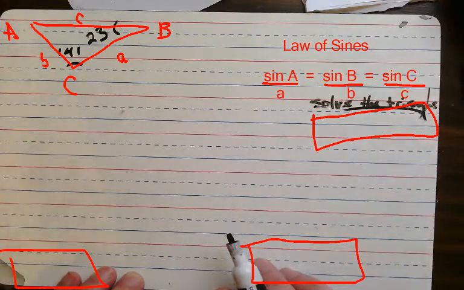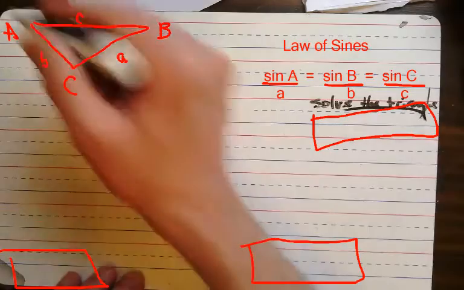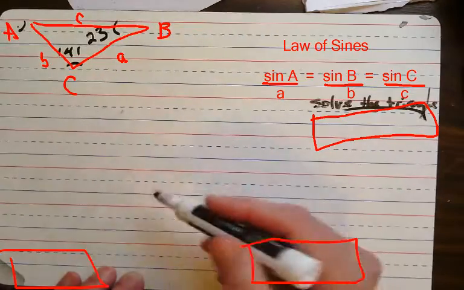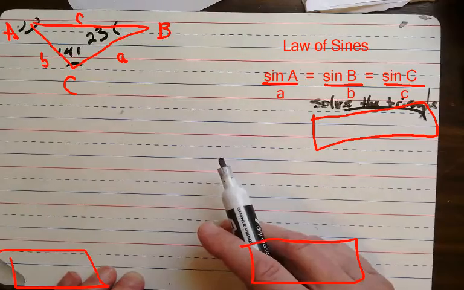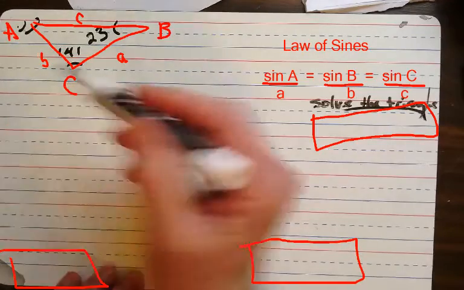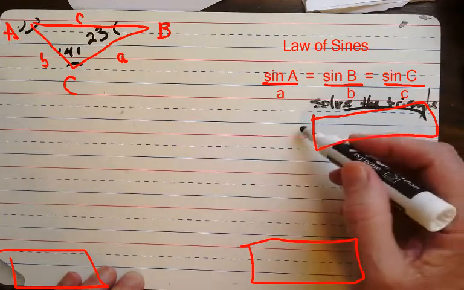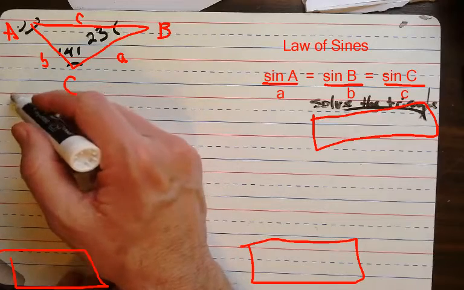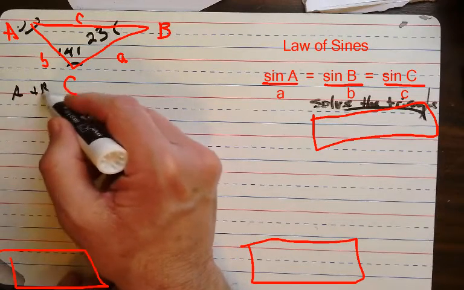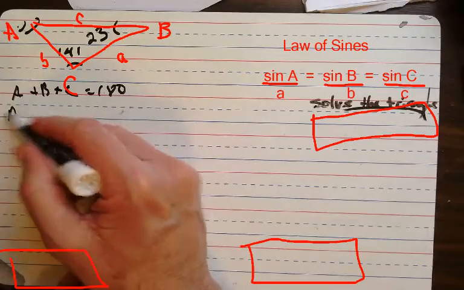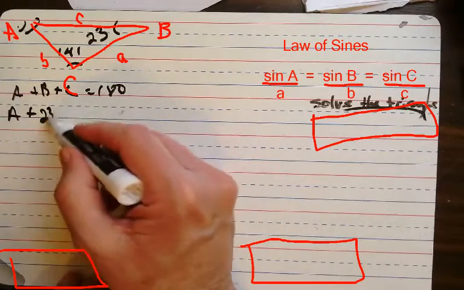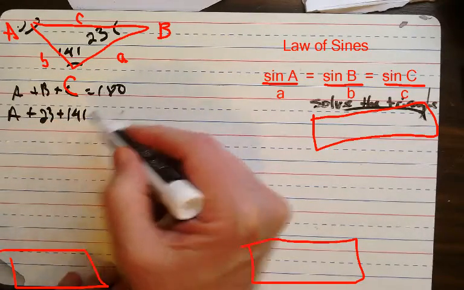And then, so I don't know this other one, right? That one, no idea. I don't know how big angle A is, but I can find that. That's one of the first things I can do. That's easy. So I can say A plus B plus C is 180. A I don't know. But B is 23 and C is 141.